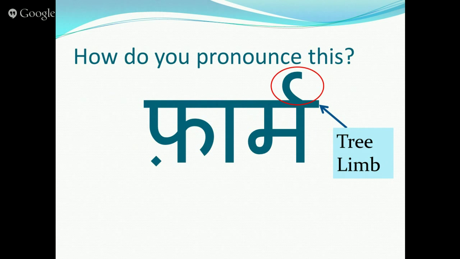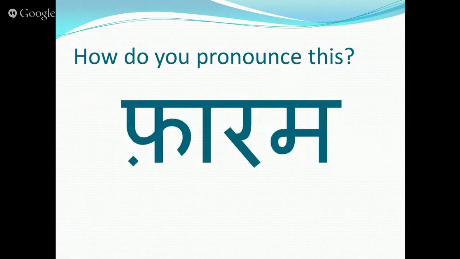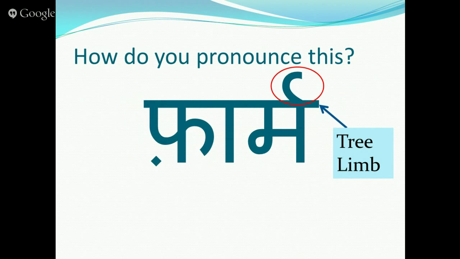So this would be pronounced farm. See what happened there? This is faram, but then when we changed it to this special shape, that special shape means there is no more a after ra. So this is farm.